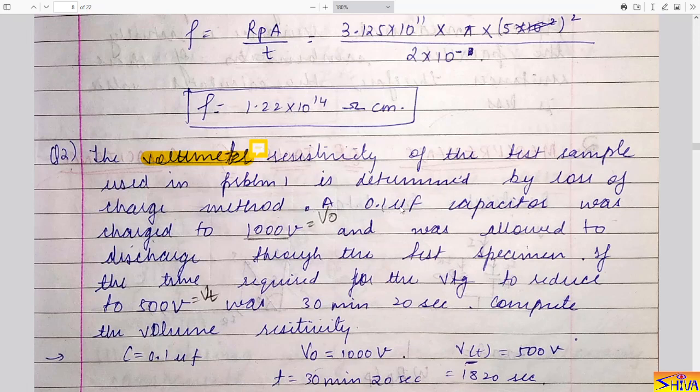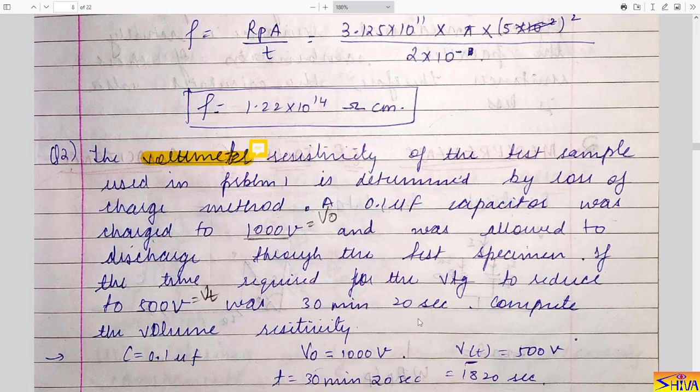A 0.1 microfarad capacitor was charged to 1000 volts. So V0 is 1000 volts and was allowed to discharge through the test specimen. If the time required for the voltage to reduce to 500 volts, so this is Vt, was 30 minutes 20 seconds, so this is T.